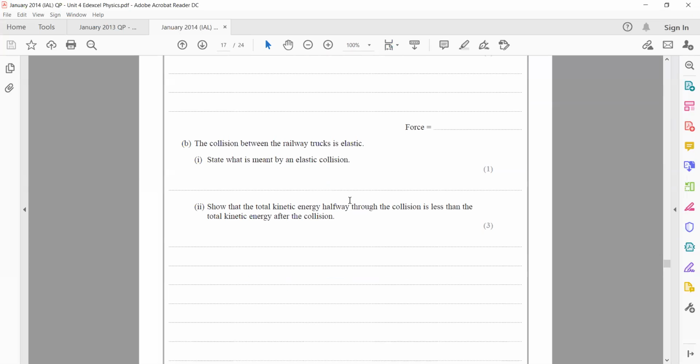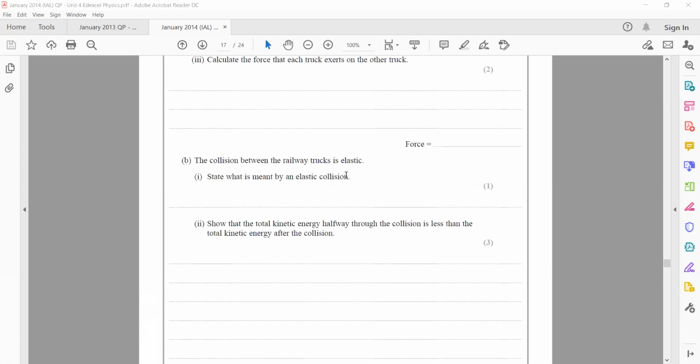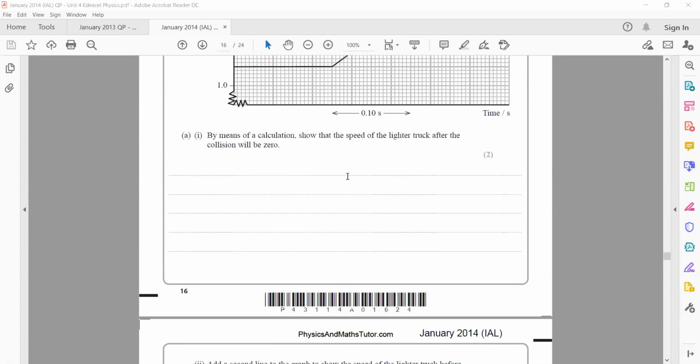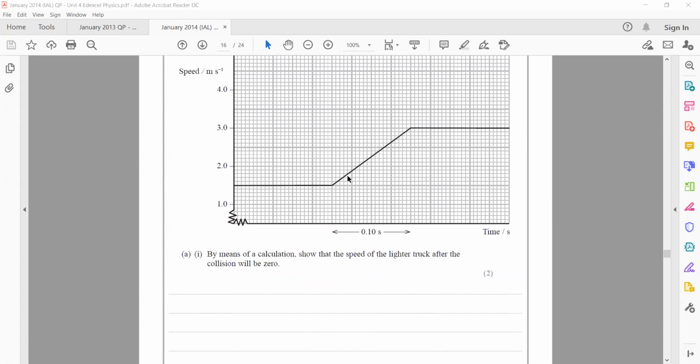Then show that the total energy halfway through the collision is less than the total energy after the collision. So how can you identify the halfway point during a collision? This interval is 0.1 of a second, so the halfway or center point will be this.